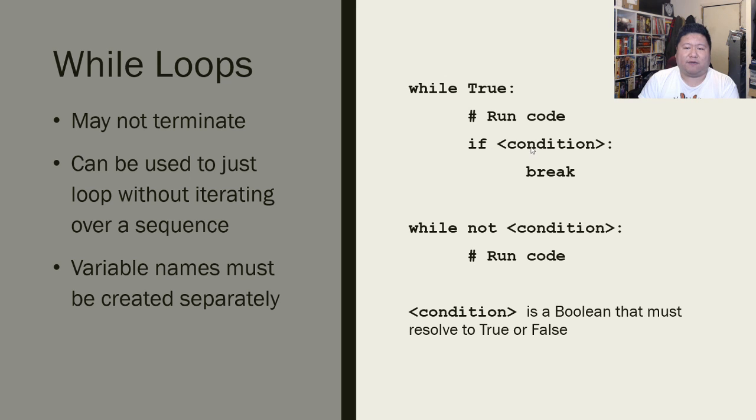So if this was if x is greater than 1, then break, your opposite condition for building this loop would be less than or equal to 1. So it's taking the not of that, right?